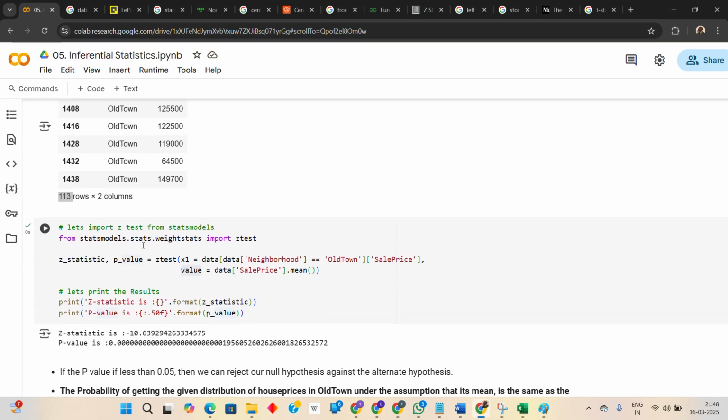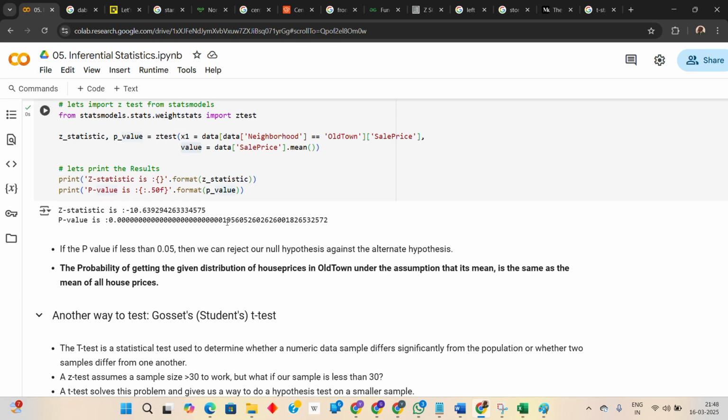Whenever this all depends on the user question or the stakeholder question. The stakeholder will directly ask you one question: I want to know the range of 95%. Then immediately you have to remember it comes under confidence interval.